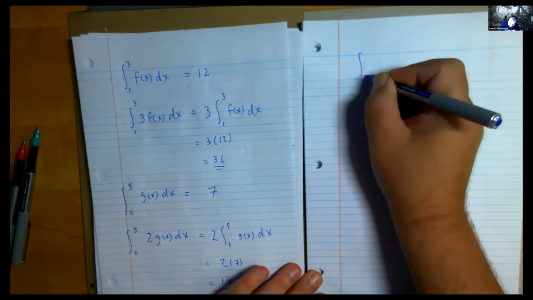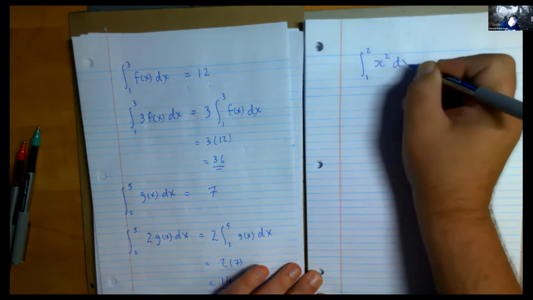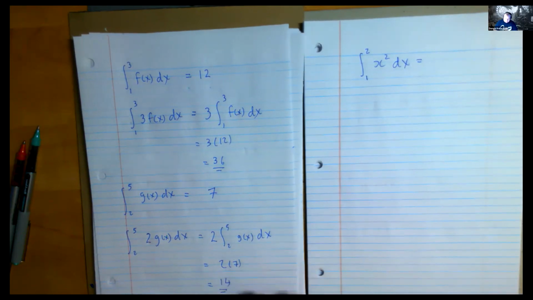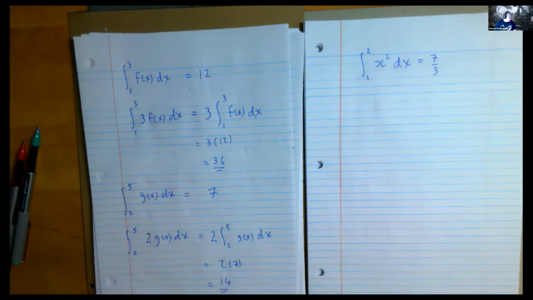Suppose I tell you the integral from 1 to 2 of x squared dx. Suppose I told you I know somehow or other I figured it out, the exact value of that. If you give me a few seconds, I'll actually tell you what it is, because I know the shortcut. It's 7/3. Suppose I just told you that.